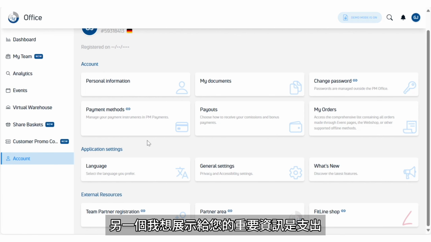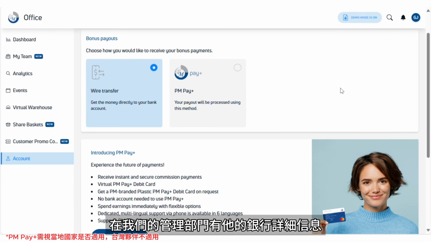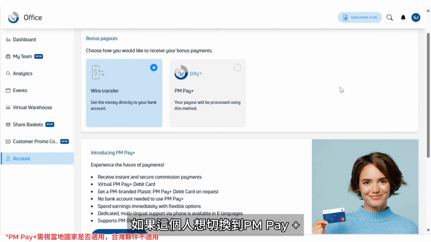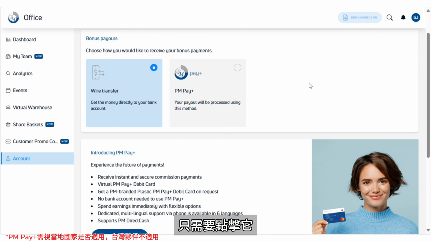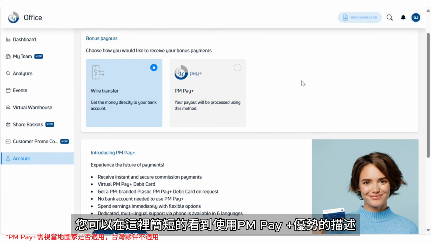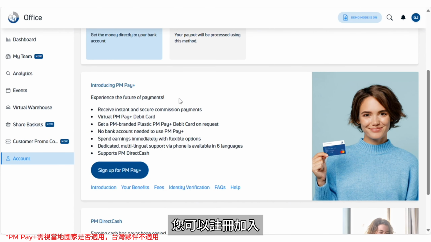Another important information, for example, what I want to show here is the payout. At the moment, this person has his bank details in our administration, so that means in the moment when the monthly bonus will be paid, it will be paid via bank transfer. If the person wants to switch to PM Pay Plus, is just clicking on it. In case already the person is registered to use PM Plus, if not, here you see shortlisted the advantages of PM Plus, and you can sign up for it.